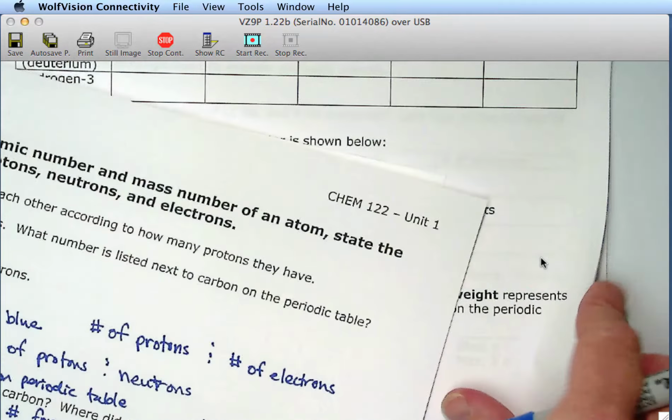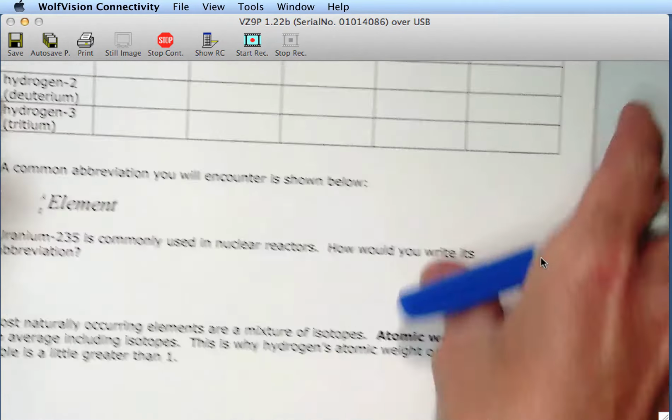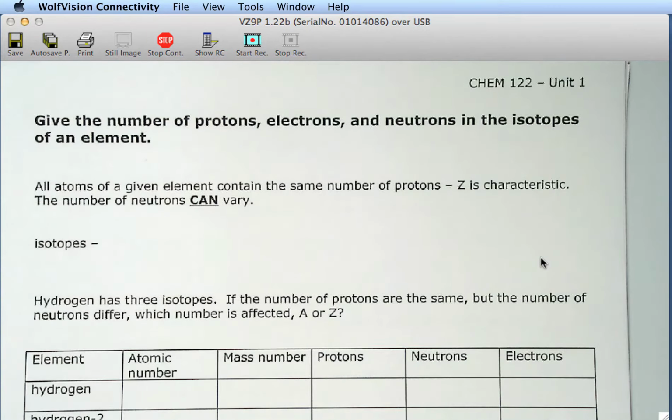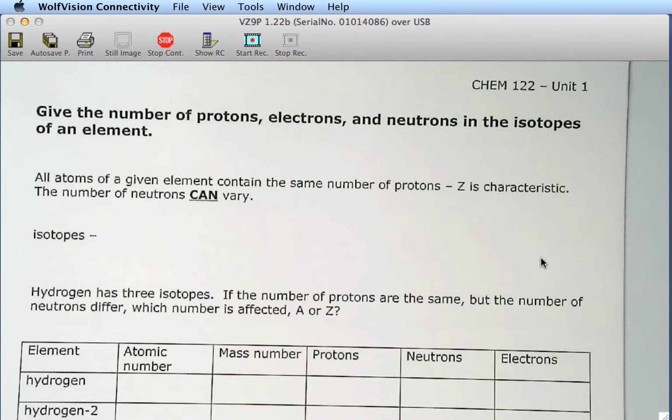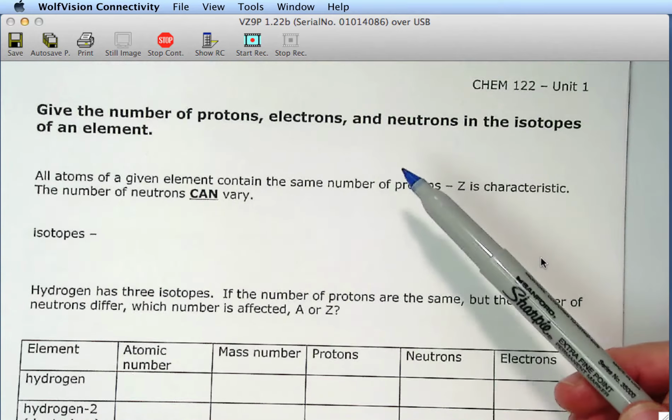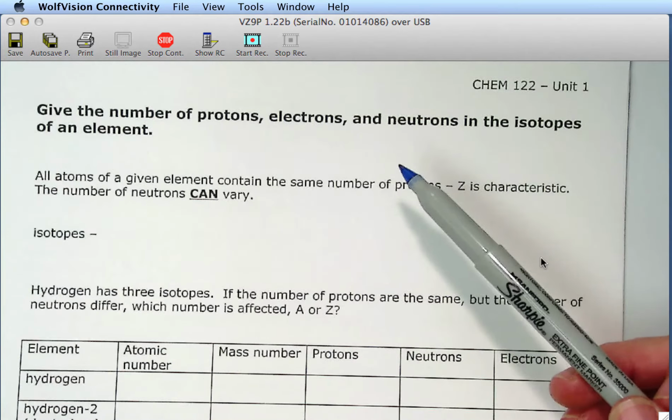All right. So now we're going to talk about isotopes. Really, filling out any tables is the same way for isotopes. So remember that we talked about atoms within an element have the same number of protons.